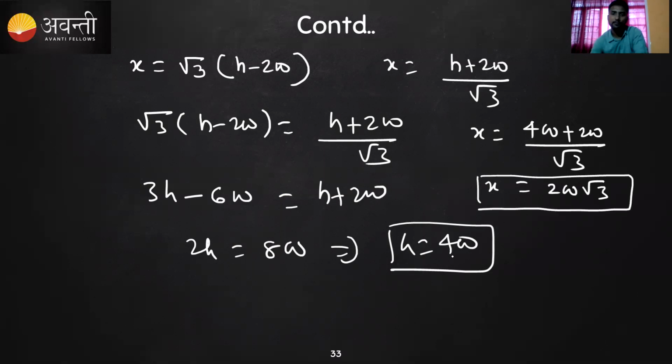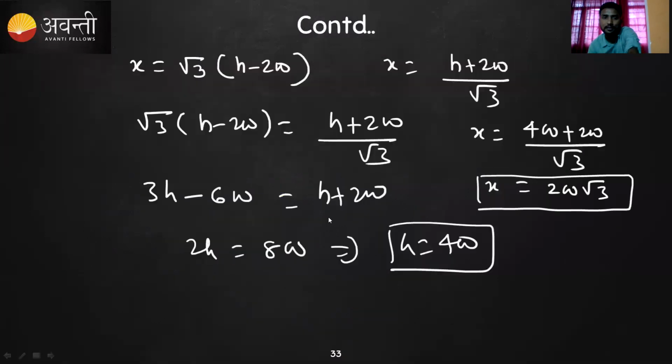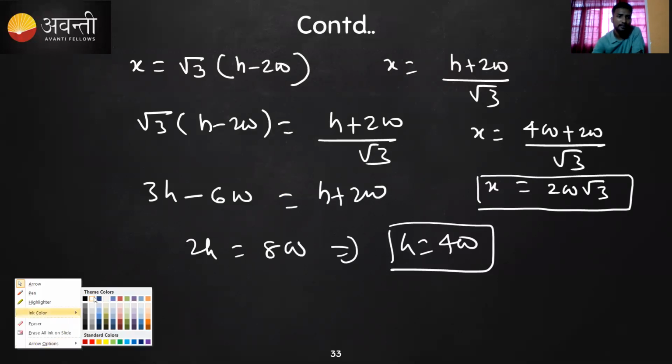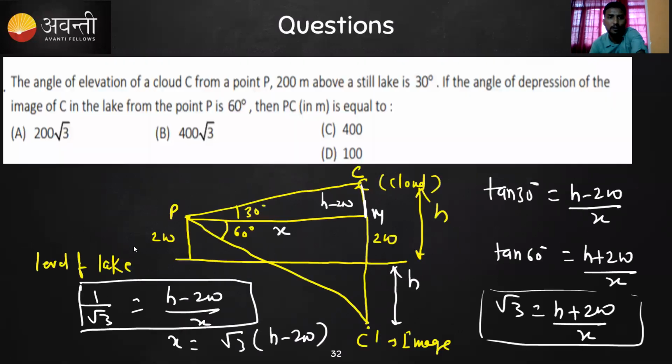We have x, we have h. So now what we can do? PC will be what? It will be basically square root of 200 square plus 200 root 3 square. Or you can also write this as sine 30. This sine 30 is equal to basically p by h, right? What is the p value?